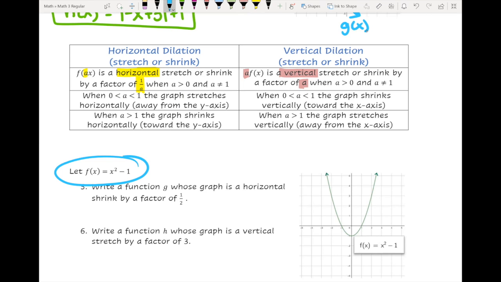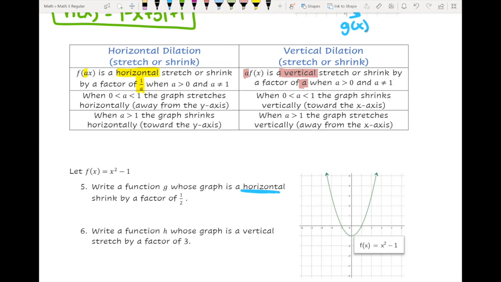Here's your f of x function, x squared minus 1, and you've got the graph over here. So write a function g whose graph is a horizontal shrink by a factor of 1/2. Because it's horizontal, I've got to put it on the x, and the number that I'm multiplying by the x is the reciprocal of 1/2. See how it went from a to 1 over a? That's because it did a reciprocal, it flips the fraction.